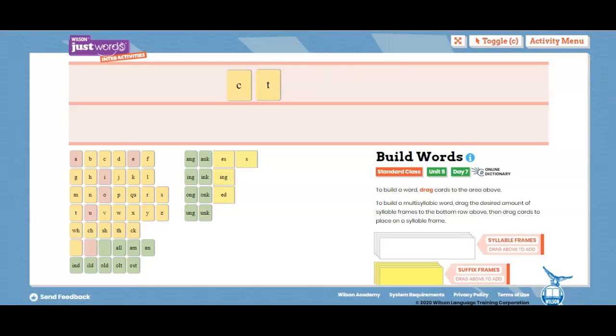So here's the first word that I'd like you to practice. Say contract. Tap out the word contract. Okay, so the two syllables you should have are con and tract. So what's the first syllable in contract? Con, very good. So how would you spell that?